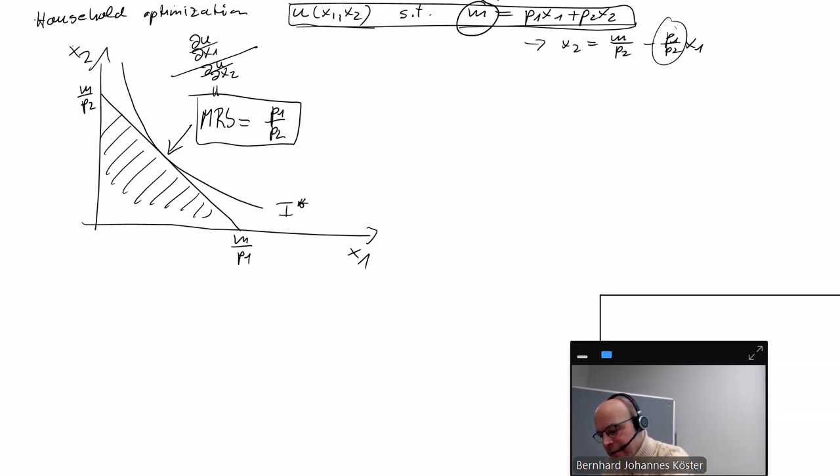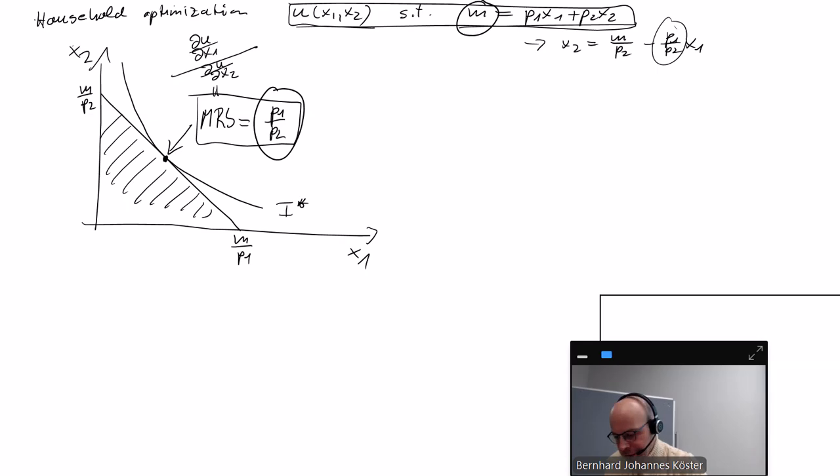The optimal condition was that the slope of the indifference curve, which is the marginal rate of substitution, has to be equal to the slope of the budget line, and the slope of the budget line is just the price ratio.